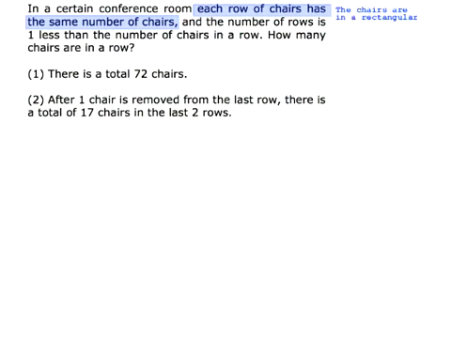They're in a rectangular arrangement. And then the number of rows, which is the same thing as the number of chairs in a column, is one less. So it's like an n by n minus 1 rectangle. It measures n by n minus 1.